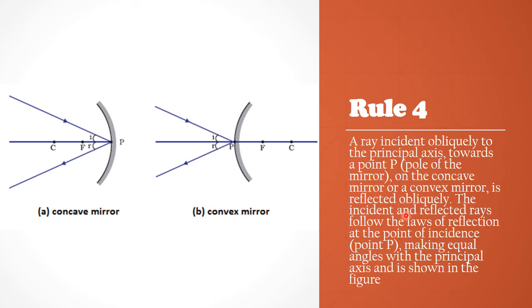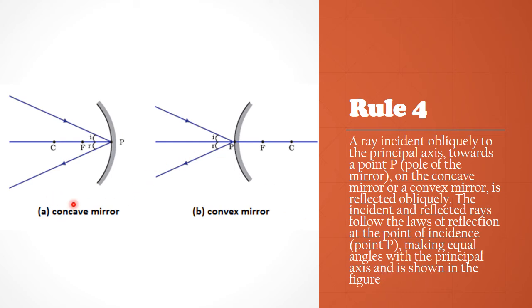The incident and the reflected rays follow the laws of reflection at the point of incidence, point P, making equal angles with the principal axis, as shown in the figure.